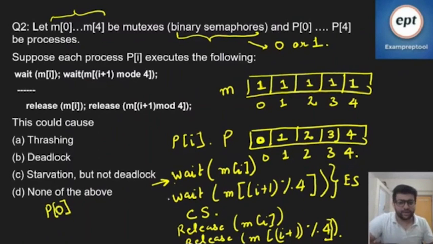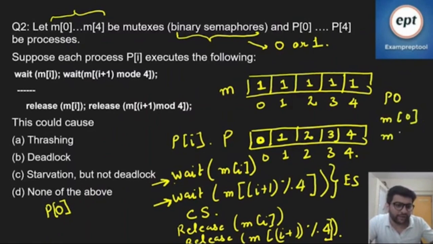Right? Now, the second statement, the statement after this wait Mi command, so we have this wait M(i+1) mod 4. As we can see, for process P0, it was first waiting for M0 and it was then waiting for M1, right?